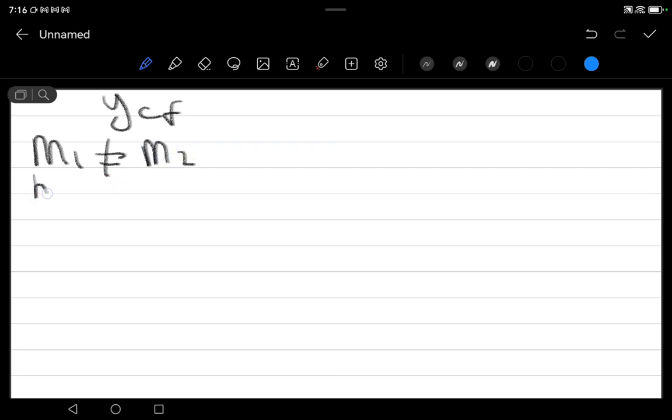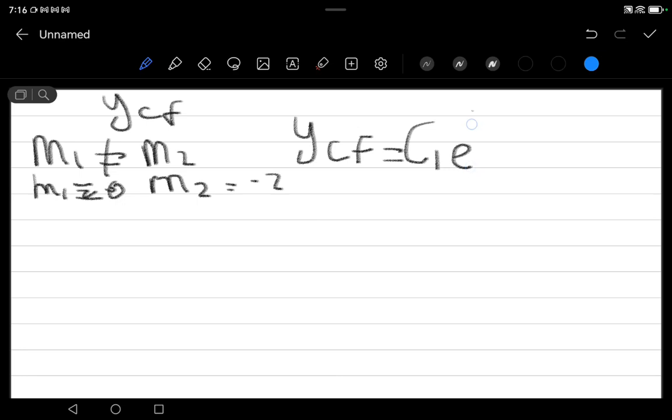Let's say our m1 equals 0, and m2 equals minus 2. So the complementary function we write like this: c1 e to the power of m1x plus c2 e to the power of m2x. This is how the complementary function looks.